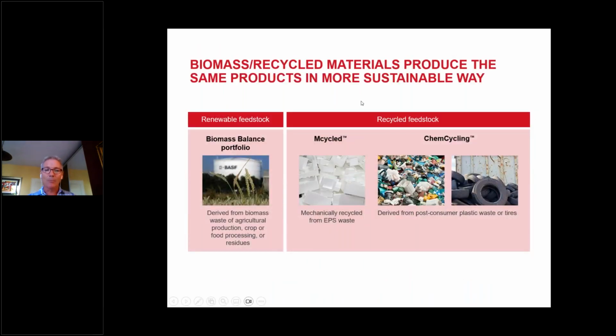So that's where some companies, and in this case, this bio recycled material is being used as an input to displace oil and petroleum products to make expandable polystyrene. This company, in this example, is BASF. So they can do renewable feedstocks, biomass, or they can utilize recycled stuff.